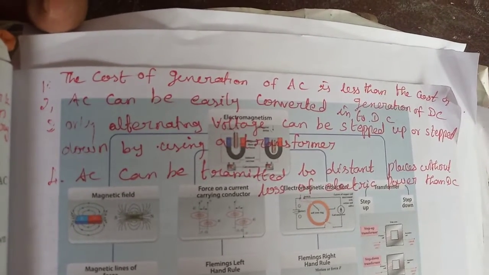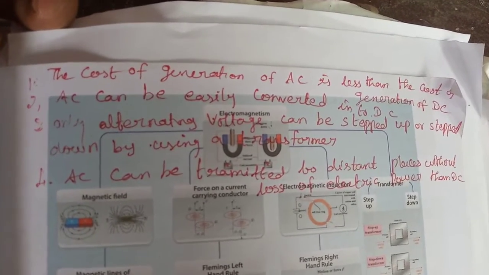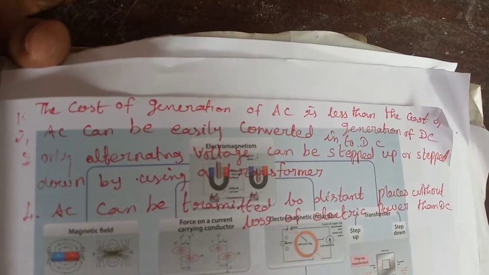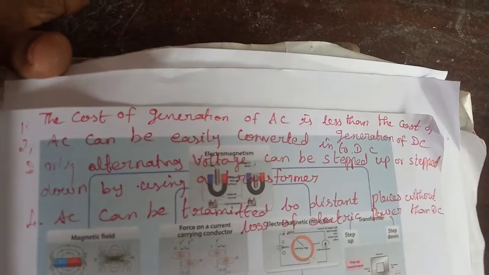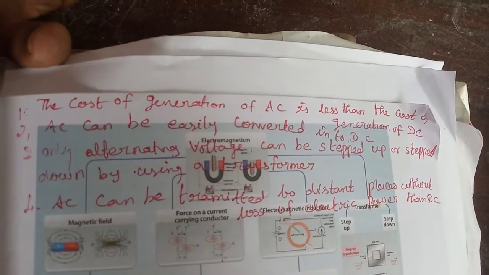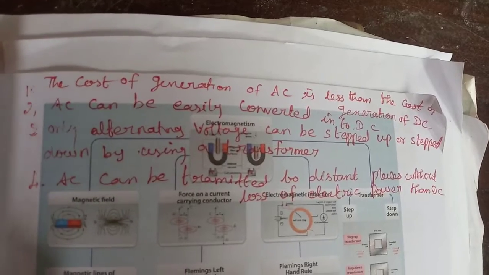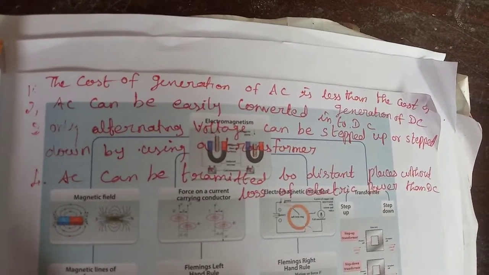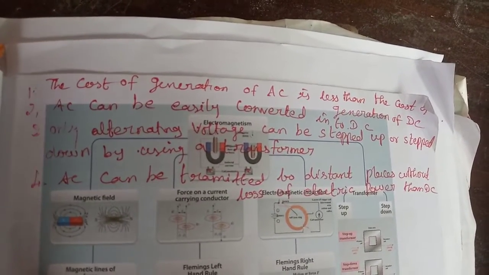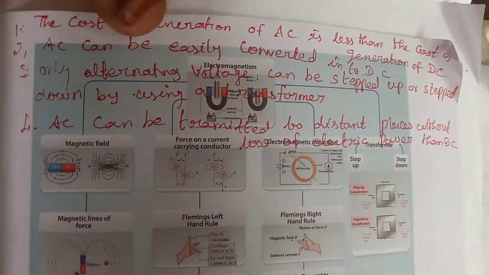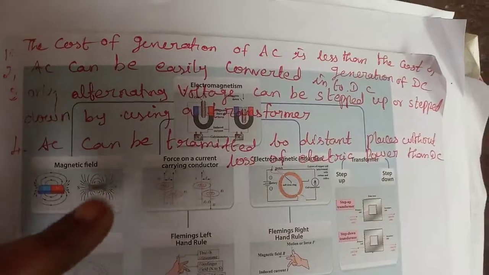Second point, AC can be easily converted into DC. Third point, only alternating voltage can be stepped up and stepped down by using the transformer. Fourth point, AC can be transmitted to distant places without loss of electric power, unlike DC.